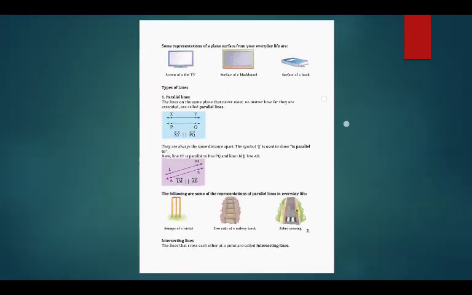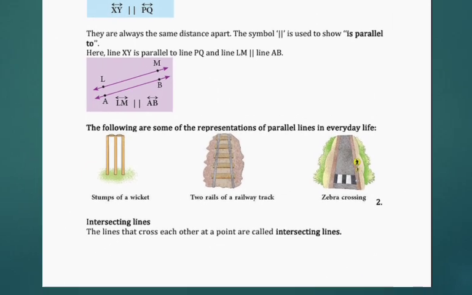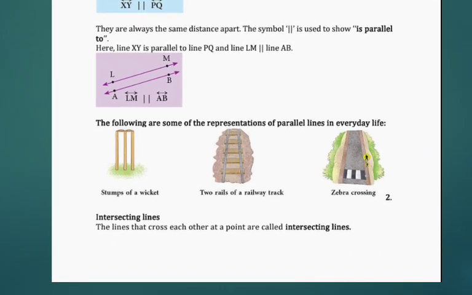Next, intersecting lines. The lines that cross each other. Suppose we are having lines like this, right? The lines that cross each other, see here, it is crossing, okay?